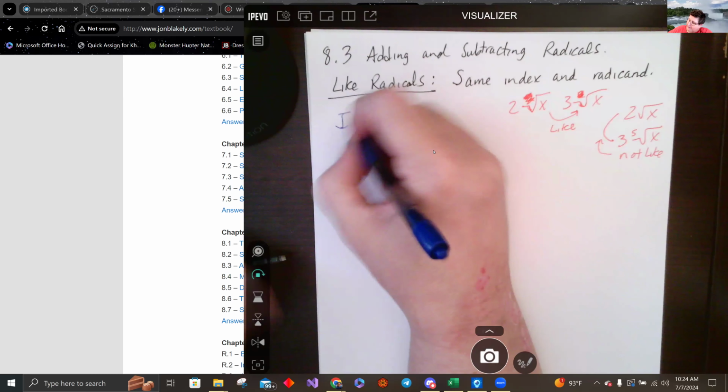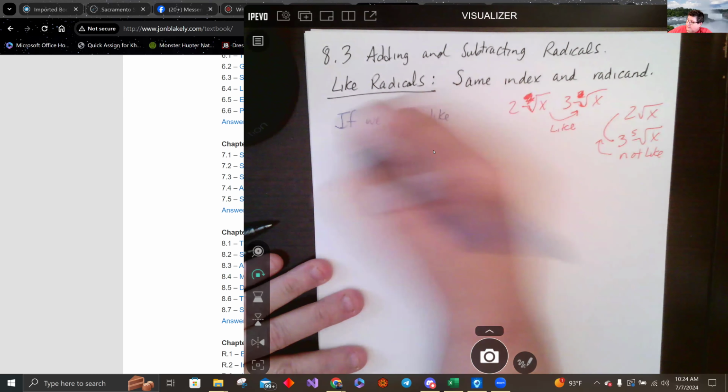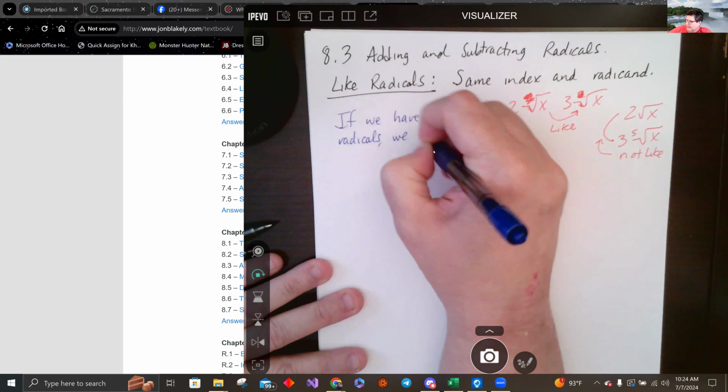So if we have like radicals, we add or subtract the coefficients.